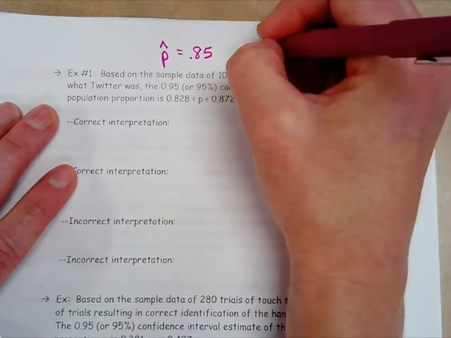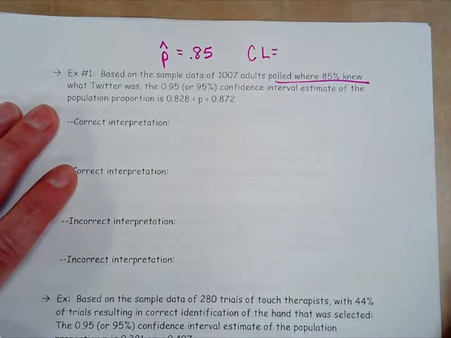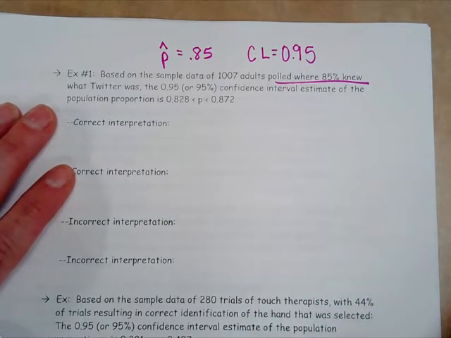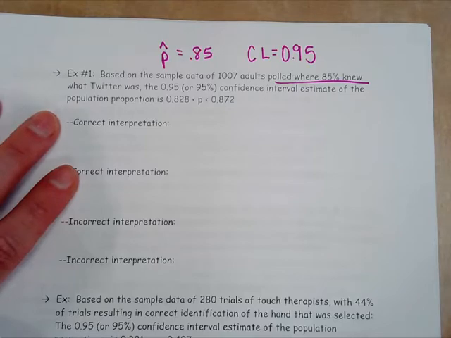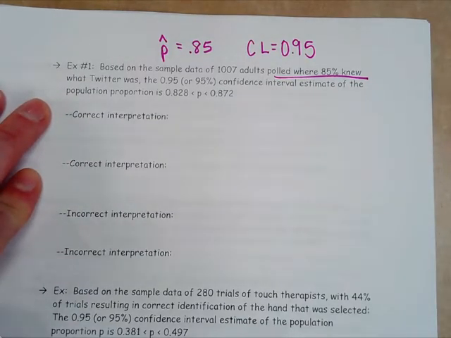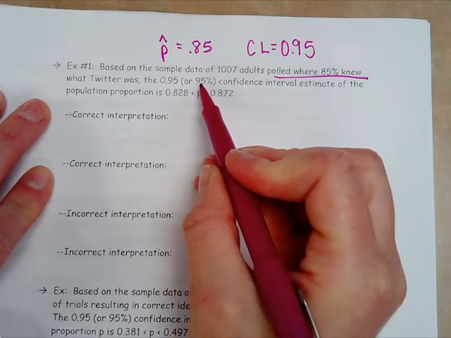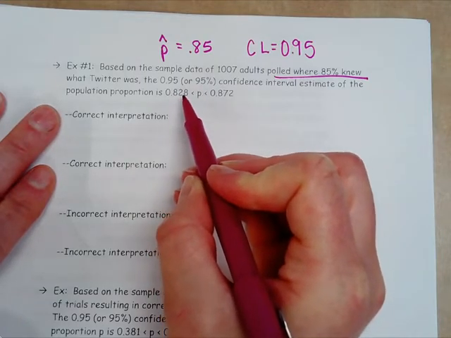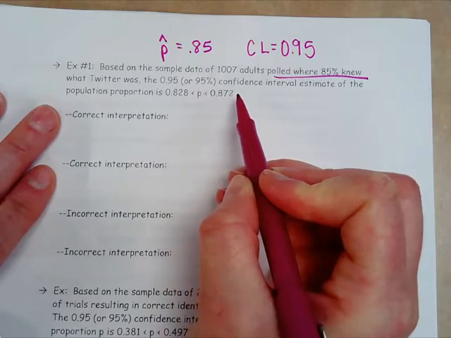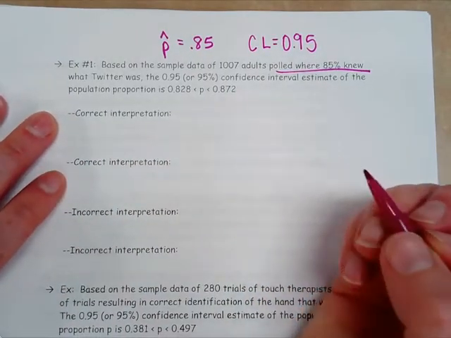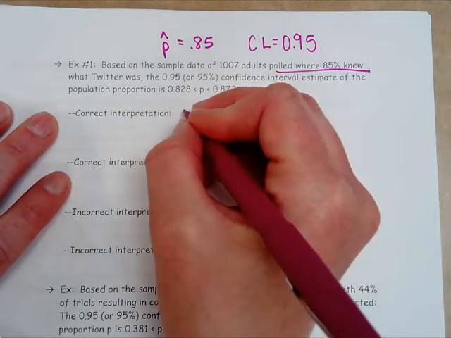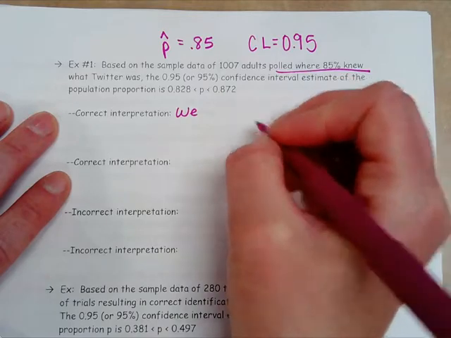And we want to look at our confidence level of being 95%, so 0.95. So the 95% confidence interval gives us that P falls between 0.825 and 0.872. So the correct interpretation: it's not all about just finding the answer. You have to be able to interpret it as well.